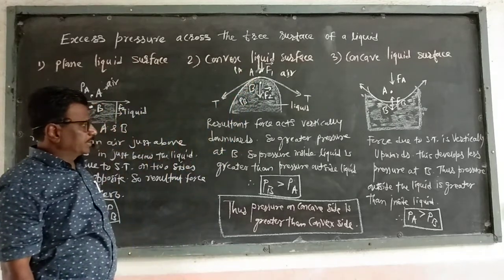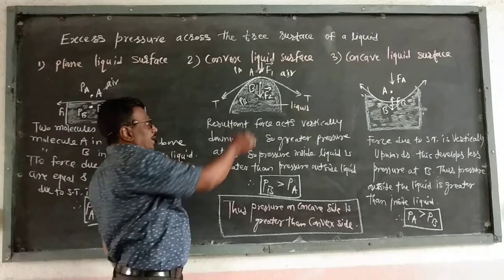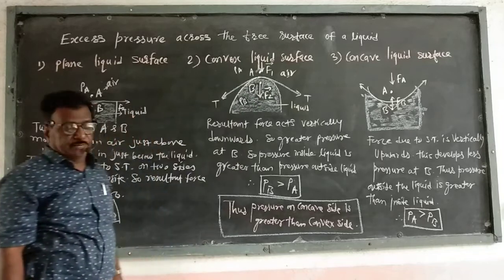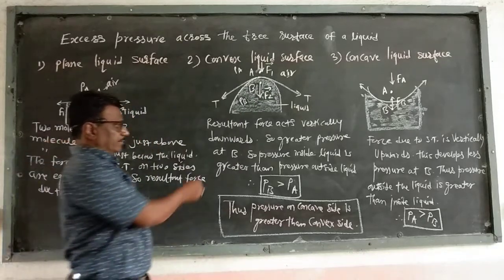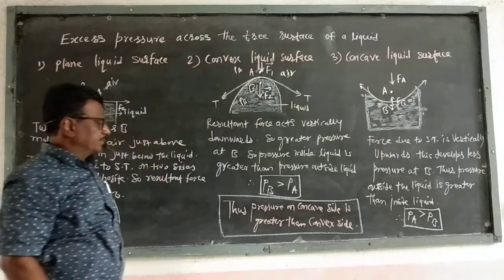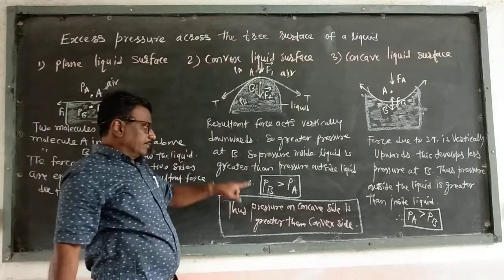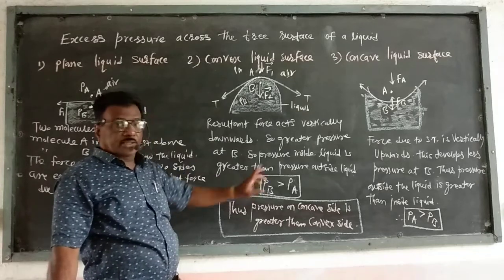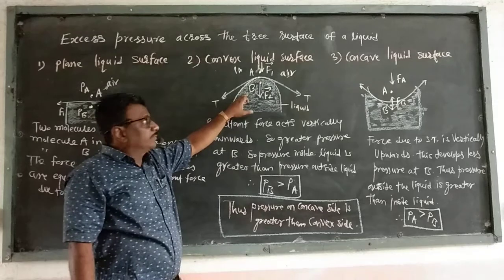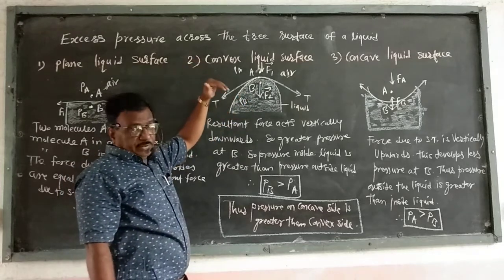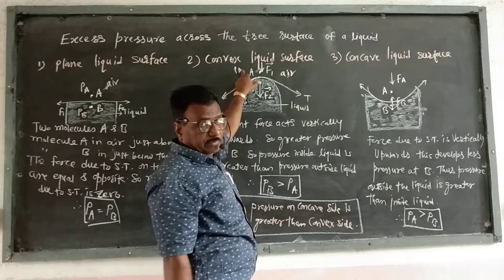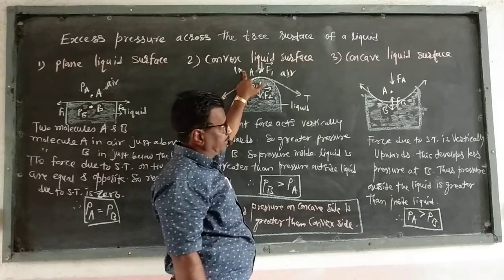So greater pressure happens at point B. So the pressure inside the liquid is greater than the pressure outside the liquid. That means we write Pb is greater than Pa. So that is the pressure on the convex surface, which is greater than the pressure at the outer surface.